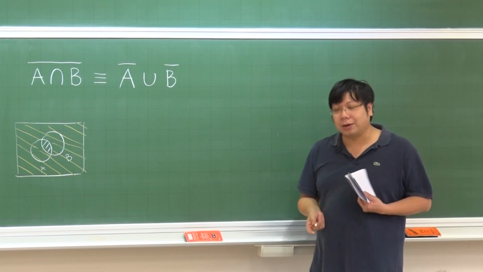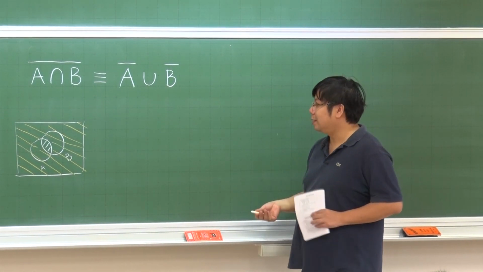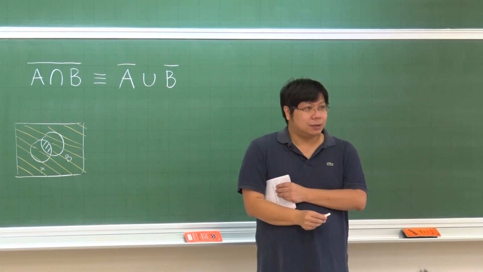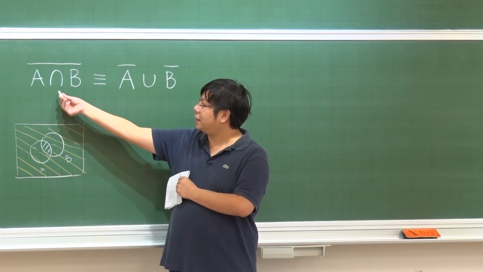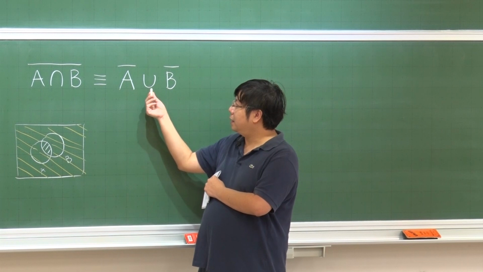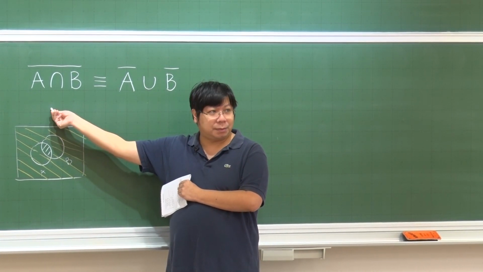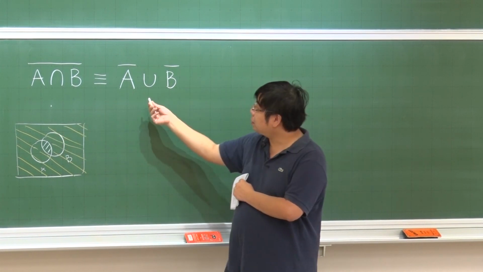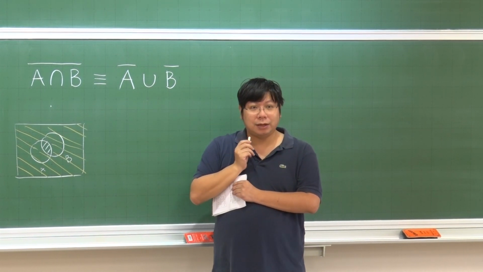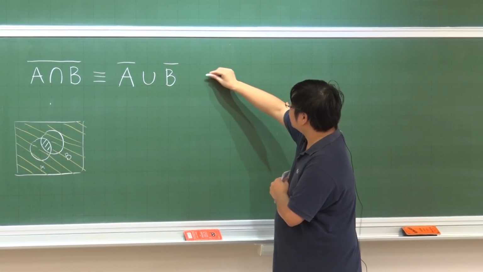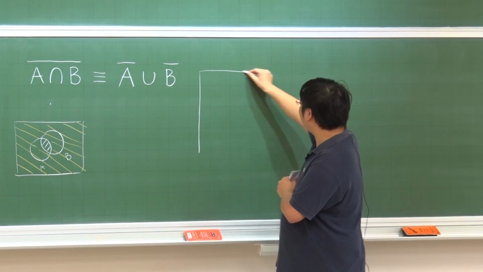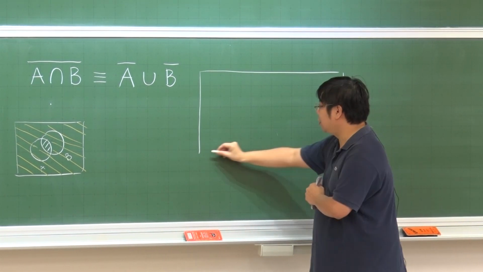This is De Morgan's law. How can we show it? The idea is to show that whenever something is here, it will be here, and whenever some element is not inside here, it will not be inside here. The method is very similar to a truth table.